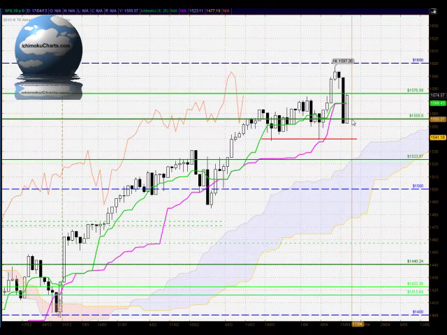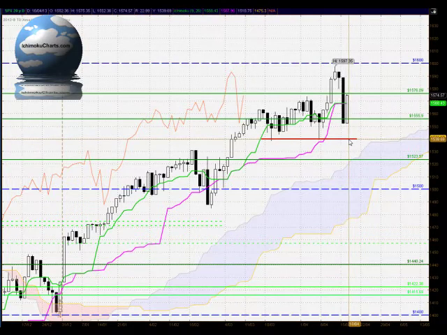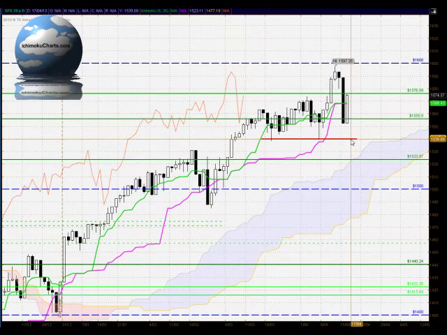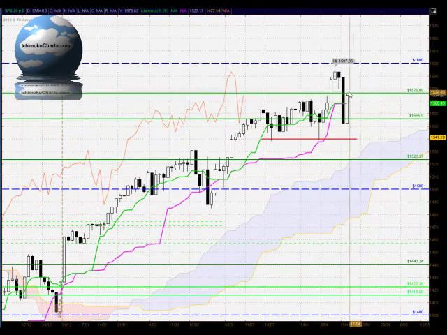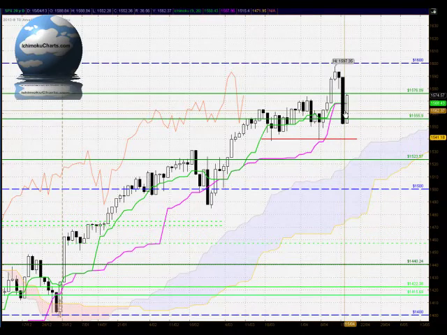Already mentioned strong barriers to this market trading lower, the 1555 level here, the low of the current candle does need to be watched, and then down around this level at these swing lows in the recent past, roughly about 1539, 1540, should provide very, very solid support if this market does continue the trend to the downside. But just looking at this current candle as it's developed, it's a very good answer to the bearishness of the previous day's trading.